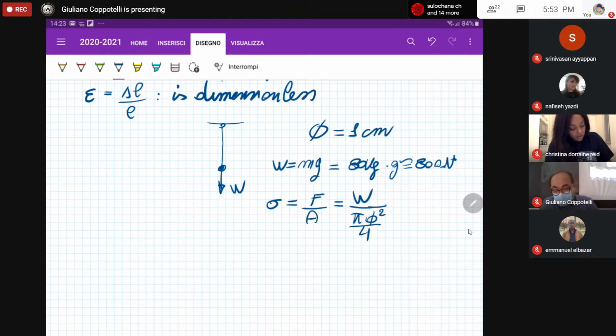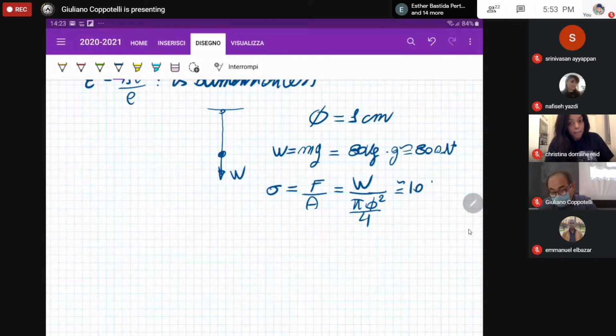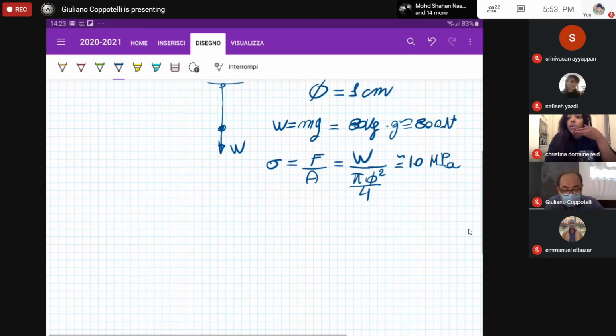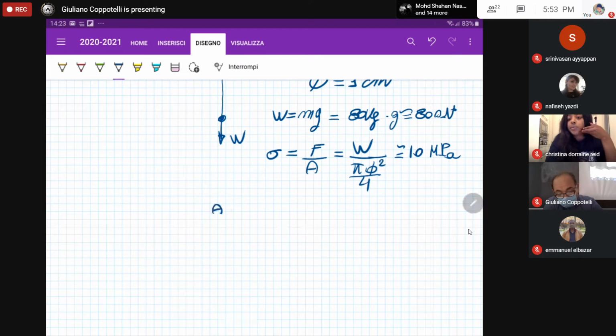If you do the numbers, the stress is about, let's say, 10 megapascal. You can check the result by yourself. Now let's assume that we have an aluminum solid rod.